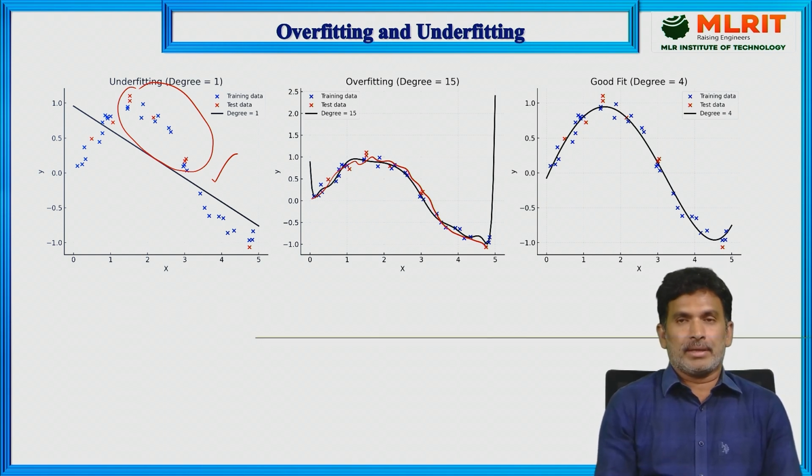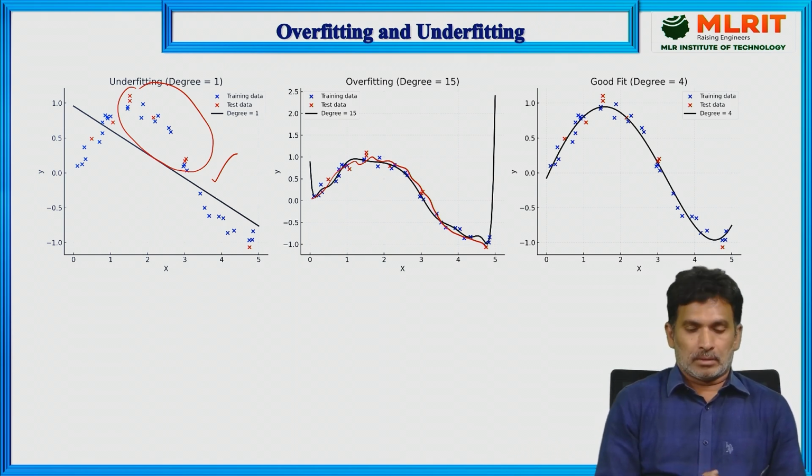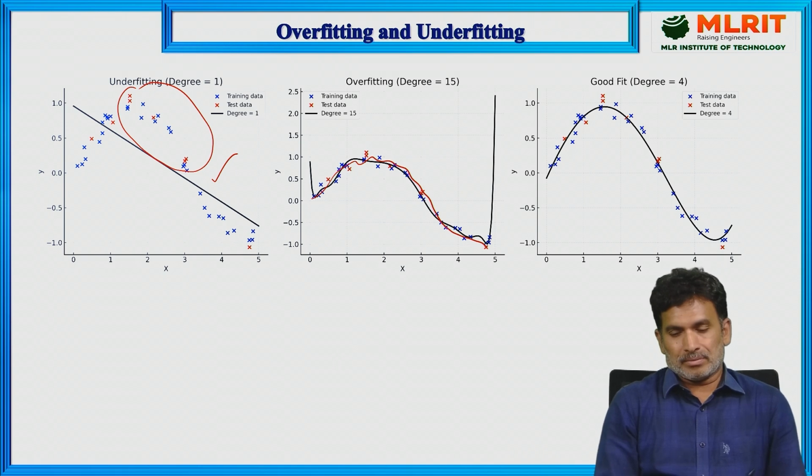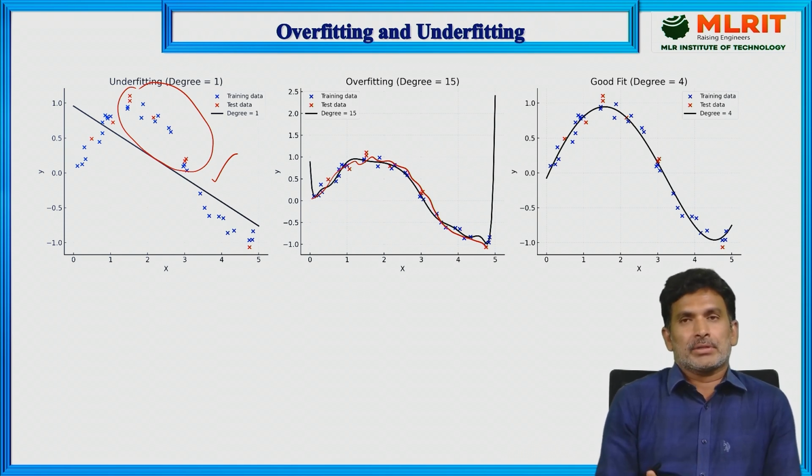An overfitted model is also a problem because the training accuracy will be high, but the performance on the new test data deviates from the training accuracy. Next one is a good fit, meaning a balanced model.